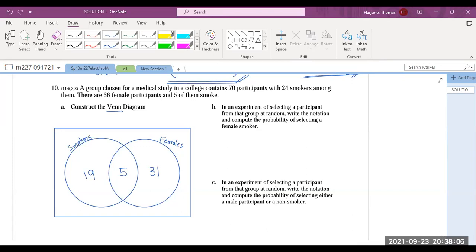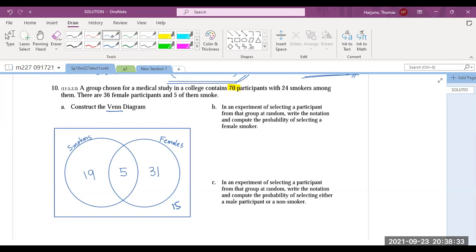Now don't forget one last thing. They said that there are 70 participants. It means there should be 70 people in this Venn diagram. How many do we have so far? 55. So outside of that is 15. Who are these 15? How do you describe them, by the way?